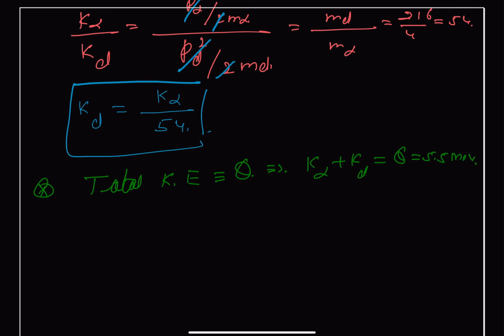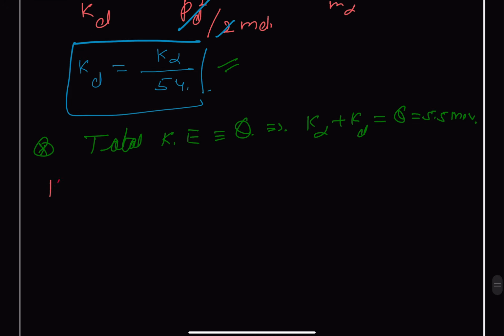Substituting, K alpha plus K alpha upon 54 is equal to 5.5.